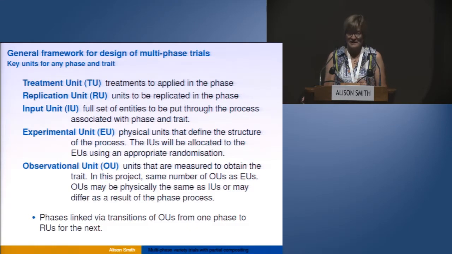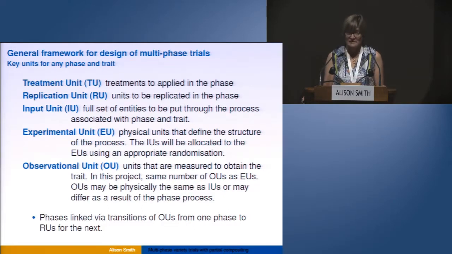Experimental units are the physical units that define the structure of the process, and we're obviously going to allocate our input units to the experimental units using some kind of design. The observational units are the things at the end which are measured to obtain the trait. They might be physically the same as the input units, but typically with this sort of data they're not, because the process itself changes that unit.